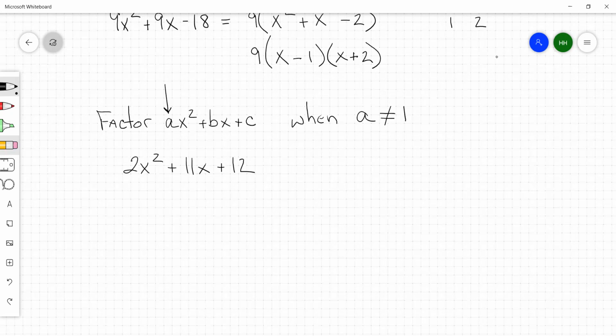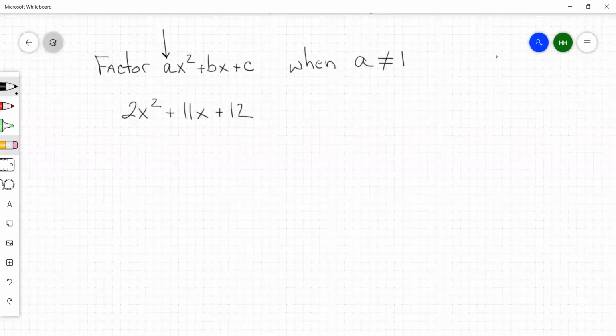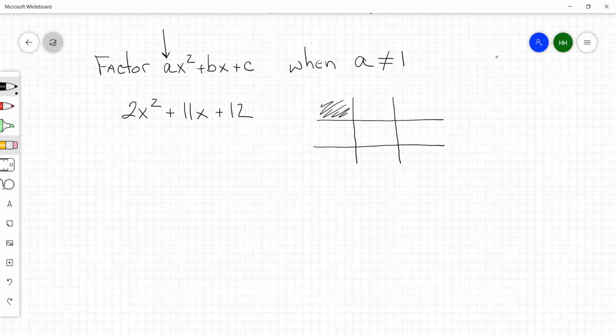Now, the best way to factor a trinomial when a is not equal to 1 is to draw a little table. It's going to look like this. This table is going to help us factor 2x squared plus 11x plus 12. We don't use this box in the table right here. It's just a filler.